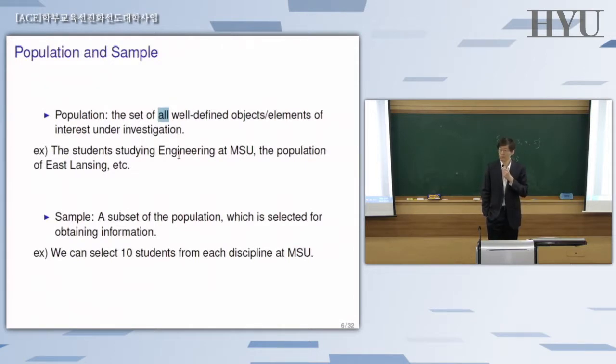It's a pretty big number. What's the exact size now? Over 2 million, I guess. So a very big number. Another population could be, I don't know, engineering students here at Hanyang, because the engineering school is certainly the main body of this university. So something big, and it's fairly difficult to track down all those elements one by one.